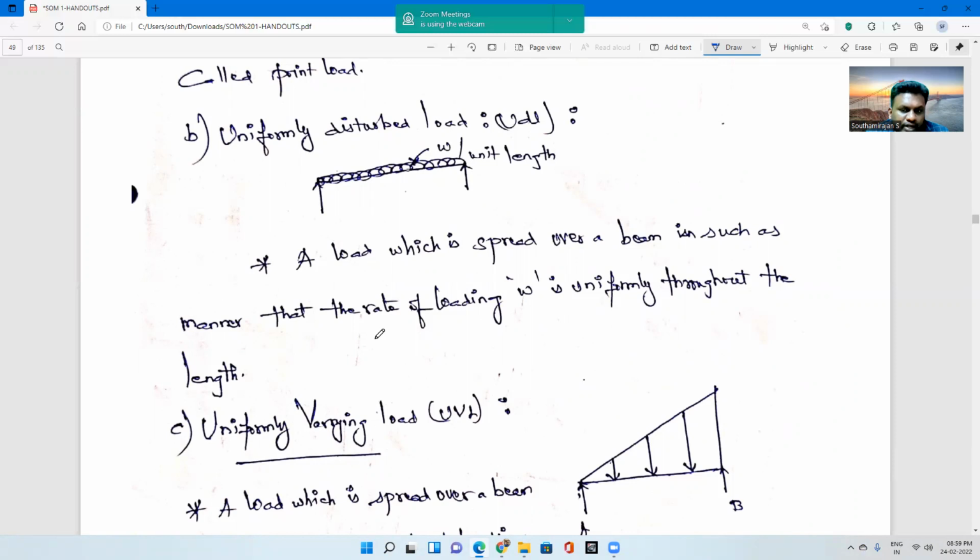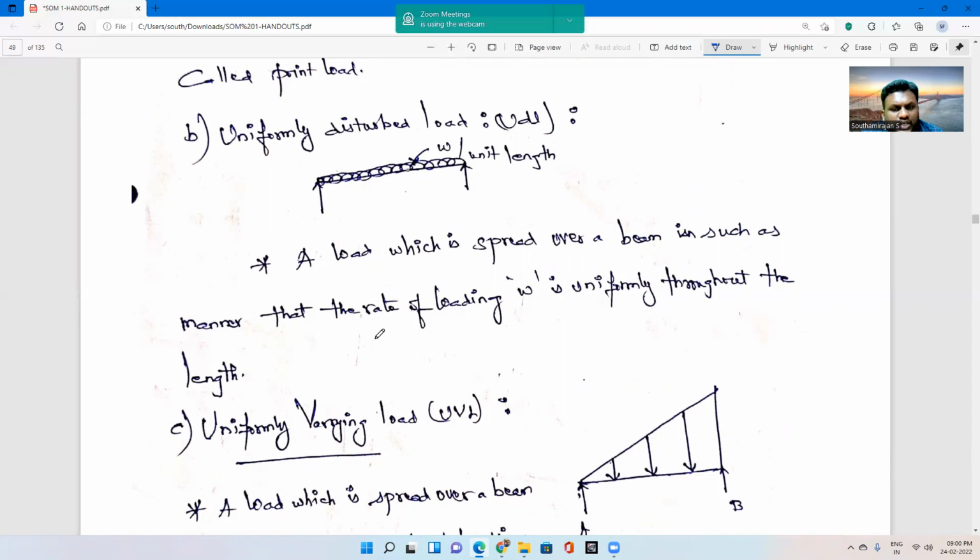The load magnitude will not vary for the desired length. It may be for a small fraction of the span, or half of the span, or a quarter of the span, or the full span. Whatever the span, the magnitude will not vary, so it is a uniformly distributed load. Self weight will be represented as a uniformly distributed load.